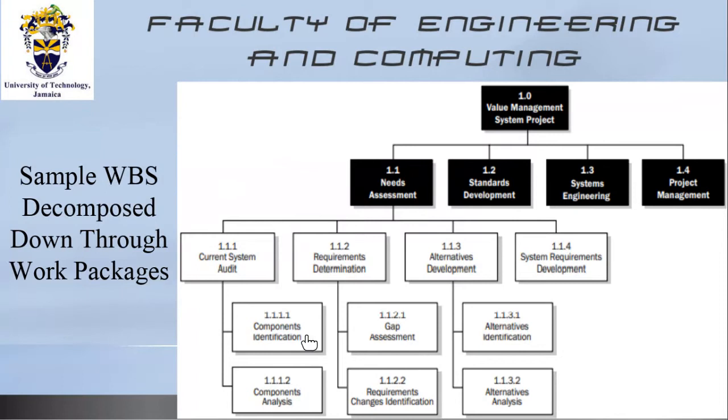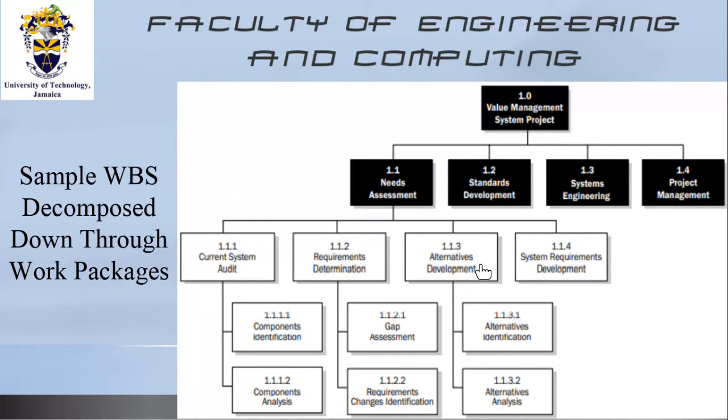Absolutely correct. But if for component identification or for component analysis, we needed to do additional work or further break it down, then anything leading from any of these two boxes would be level 5. You can also know by these numbers here. You notice 4 digits, 4 digits, 3 digits, 2 digits, 1 digit.